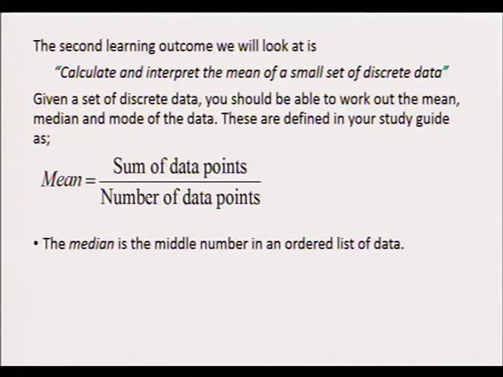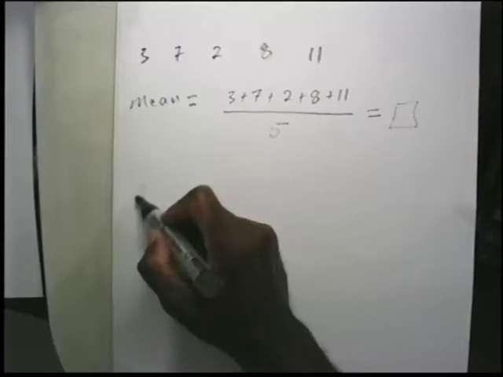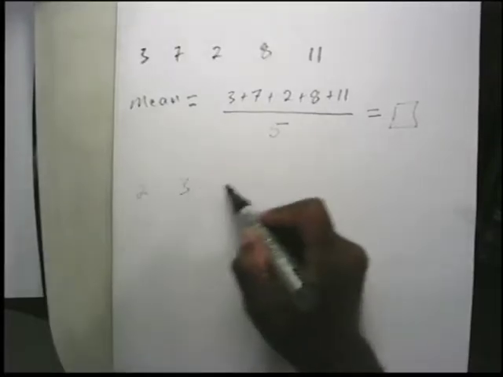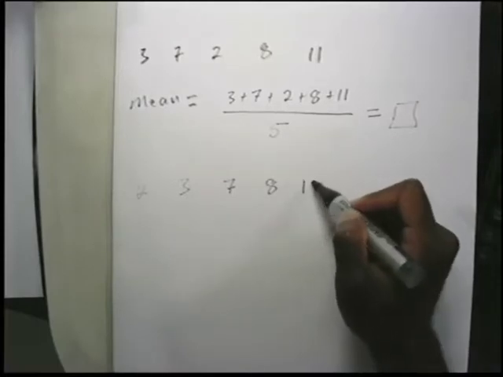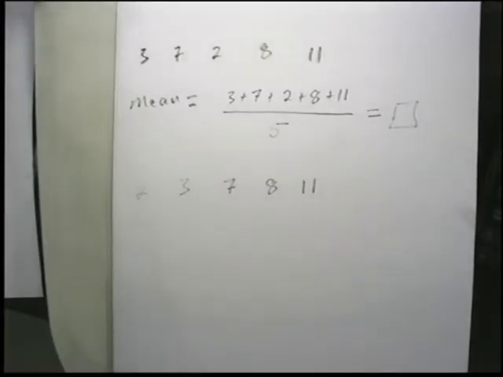By ordering, we mean, like in our case, we start from the smallest to the largest. So we have 2, then we have 3, then we have 7, then we have 8, then we have 11. Okay? So we have ordered our list of data from the smallest to the largest, and then we take the middle number.